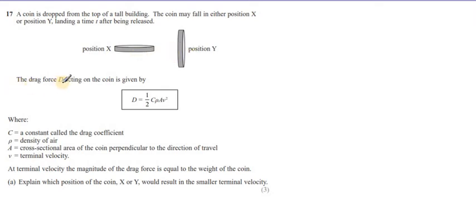The drag force D acting on the coin is given by D is equal to half C rho A V square, where C is a constant called the drag coefficient, rho is density, A is the area of cross section perpendicular to the direction of travel, and V is the terminal velocity. At terminal velocity, the magnitude of the drag force is equal to the weight of the coin. Explain which position of the coin, X or Y, would result in a smaller terminal velocity.